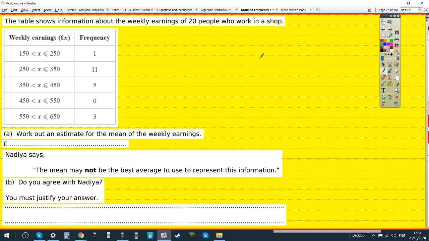Tables of information about the weekly earnings of people at work. Work out an estimate for the mean weekly earnings.